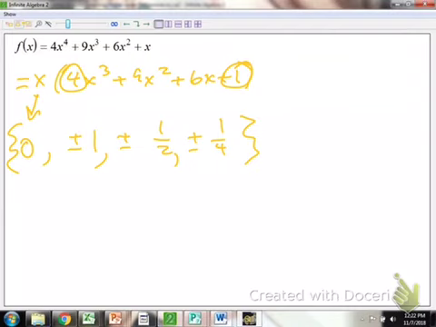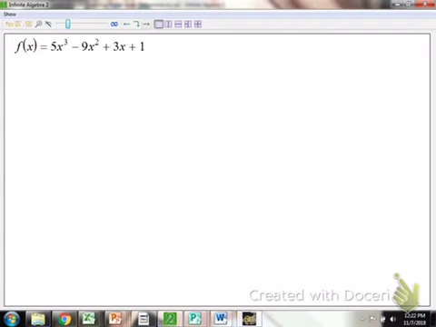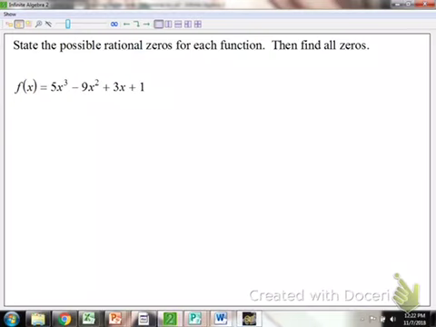And then the next section is asking us not just to state the possible rational zeros, but actually to find all the zeros. So in this problem and in the next 4 problems on the review sheet, you're actually going to be finding the zeros, which means we're going to, again, identify the possible zeros first. So our possible rational zeros for this problem are the factors of this number divided by the factors of that number.